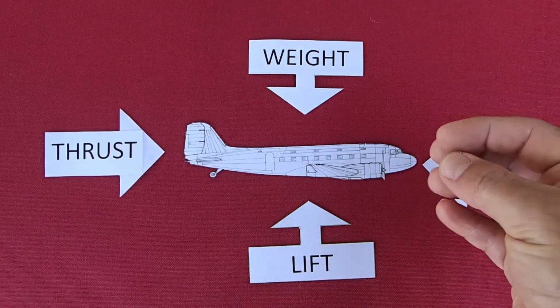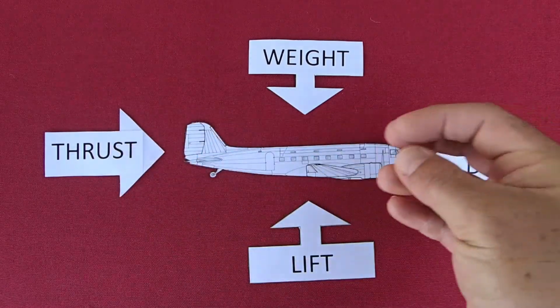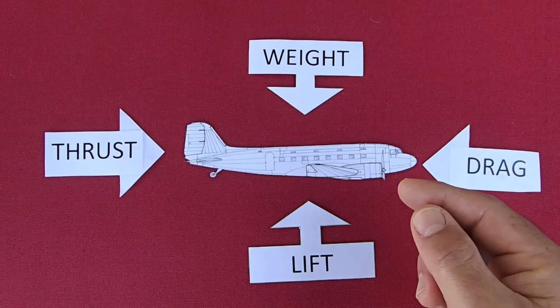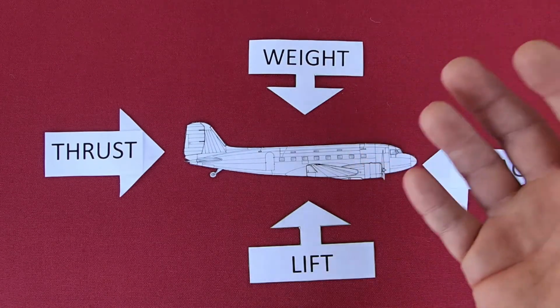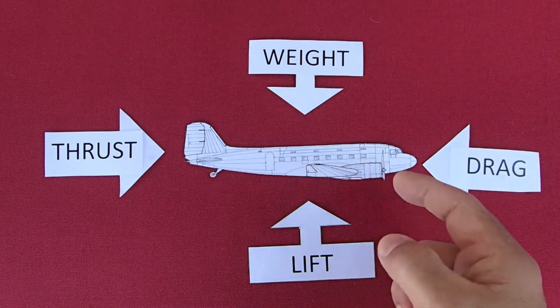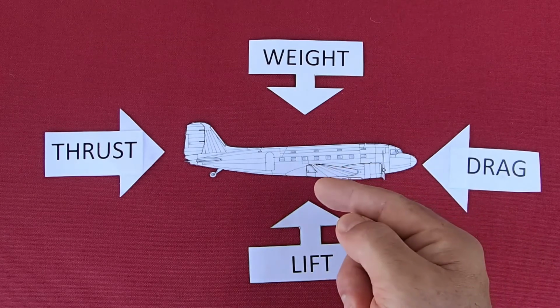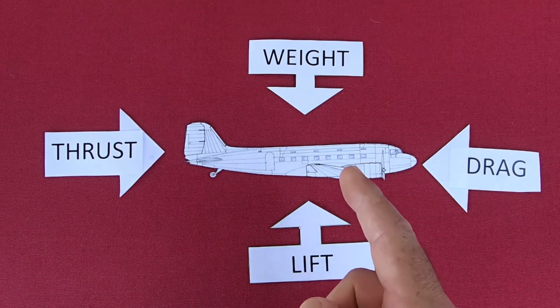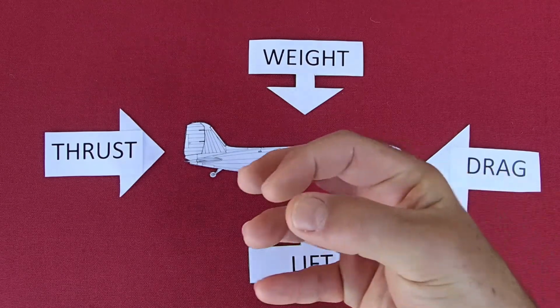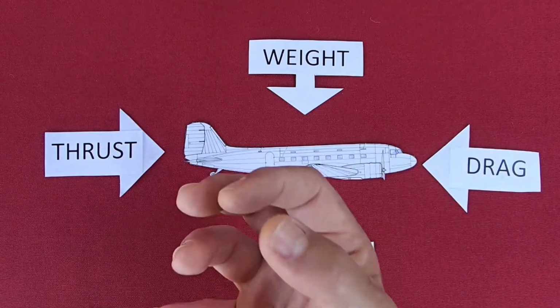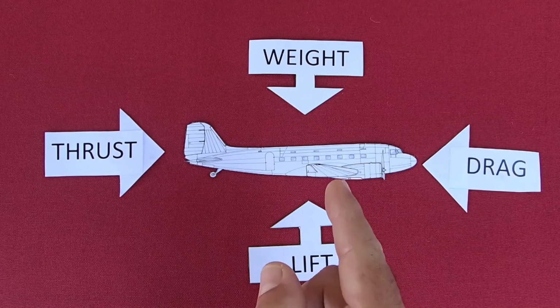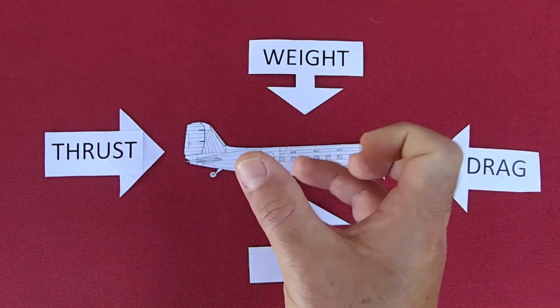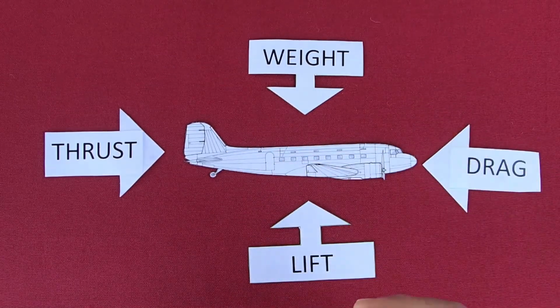Drag is the friction of the air rubbing up against the shape of the airplane. Weight is the weight of the airplane, and lift is the mass of air that the wings accelerate downwards. That mass of air being shoved down has to equal the weight of the plane for the air to sustain the weight of the airplane flying.